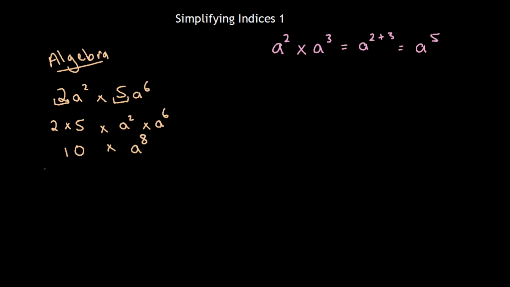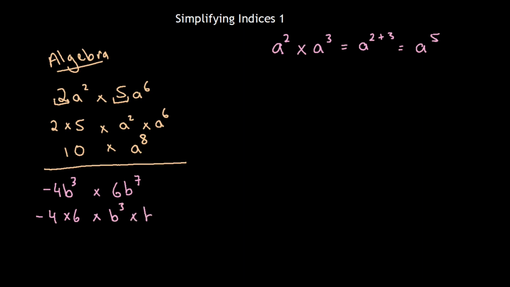Let's look at another example. So I'm going to draw a line and let's have a look at some negatives. Now again, we can break things up. So I'm going to have the numbers together. I have negative 4 times 6, and then times b cubed times b to the power of 7.